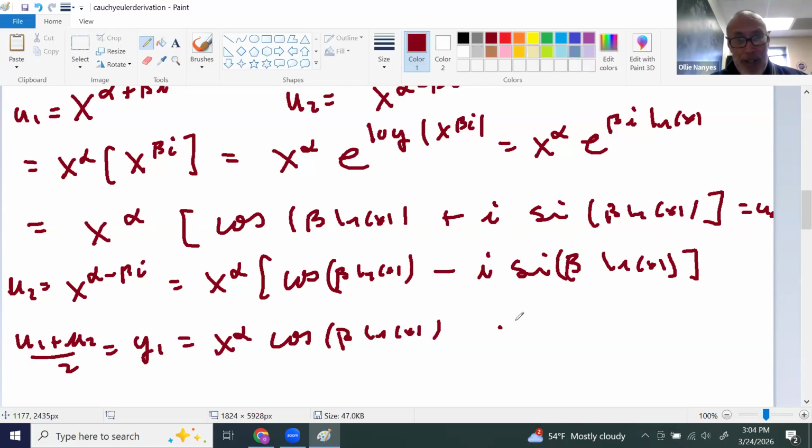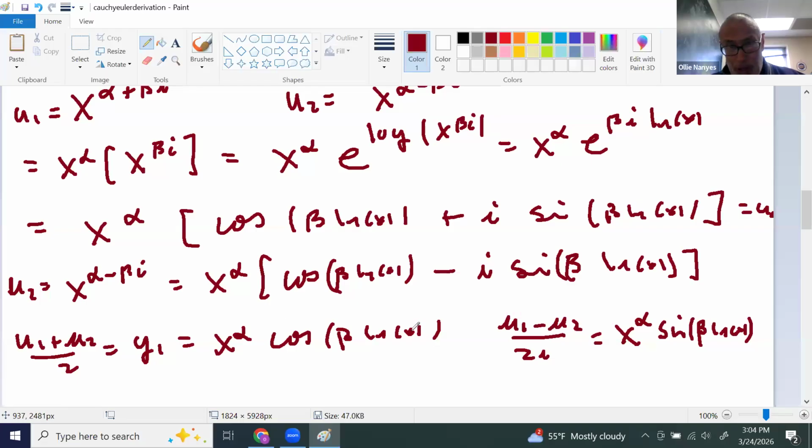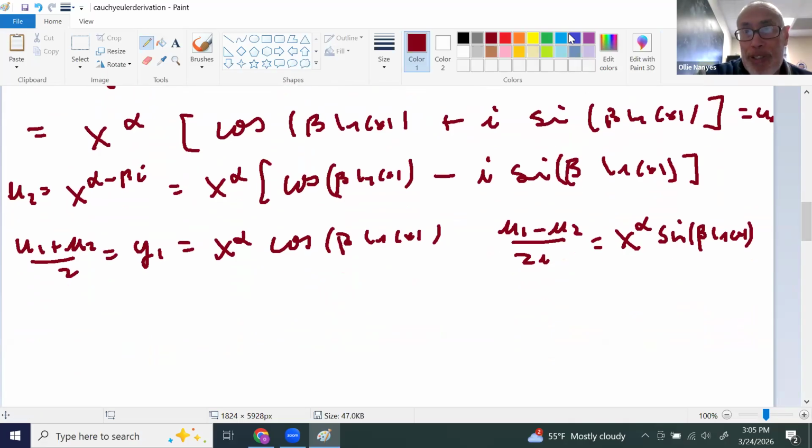And if I take u1 minus u2 over 2i, I get x to the alpha, now the cosines cancel, and I get sine of beta log x. And notice the beauty is that these are both real functions. So we have our two linearly independent solutions.